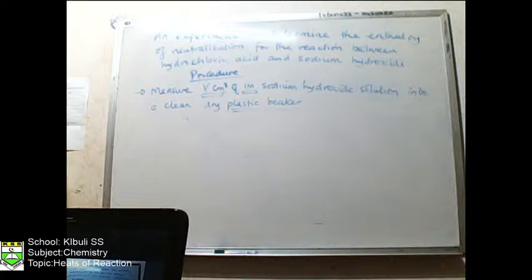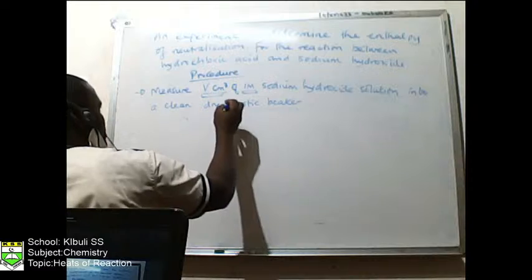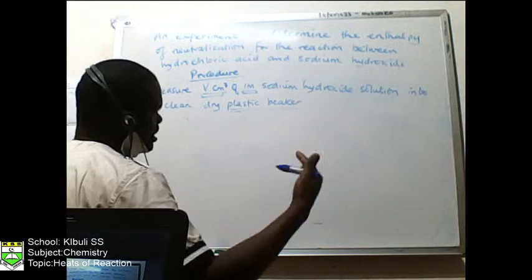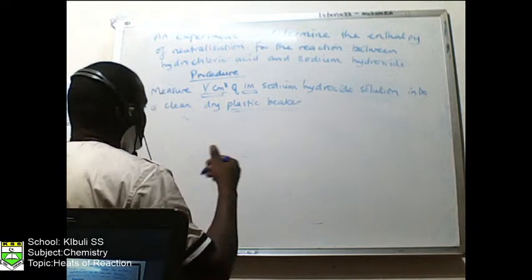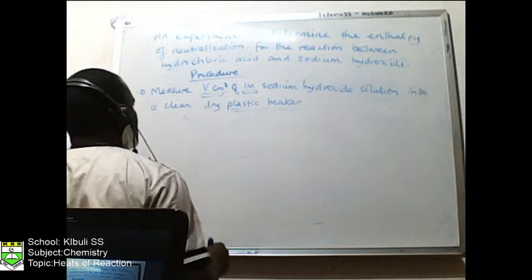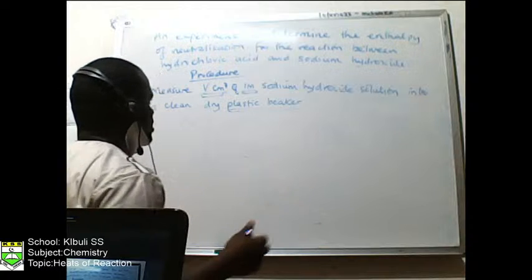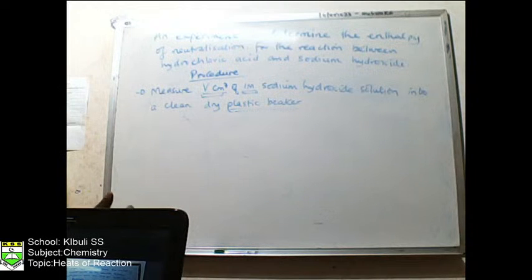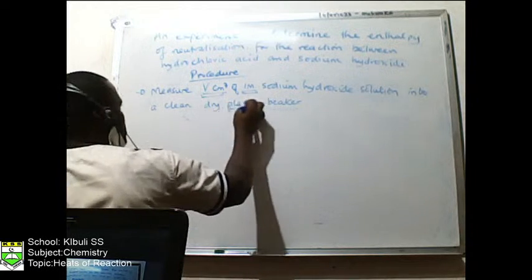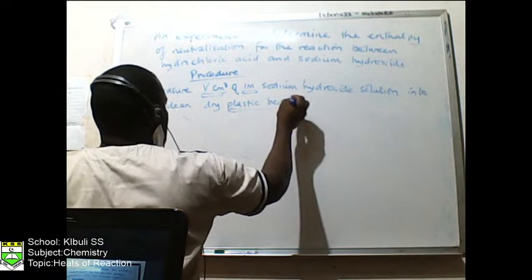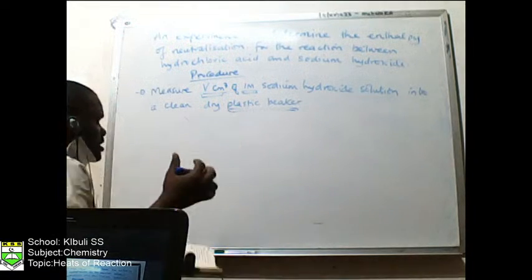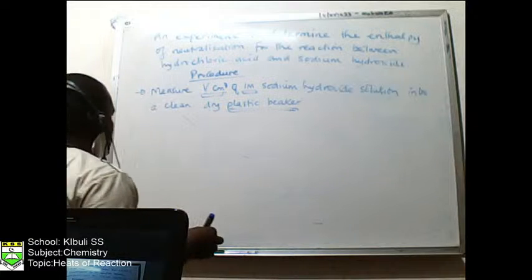If you use a metallic beaker or a glass beaker, it can conduct heat more easily than a plastic beaker. So this is the poorest conductor among the common kind of beakers that we can have, so it can maintain our heat.